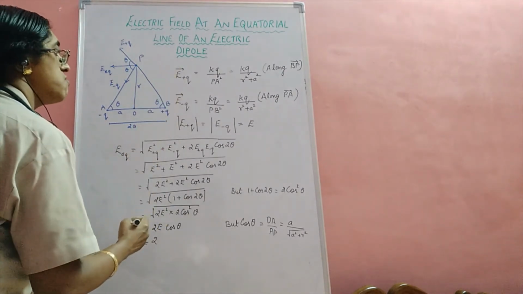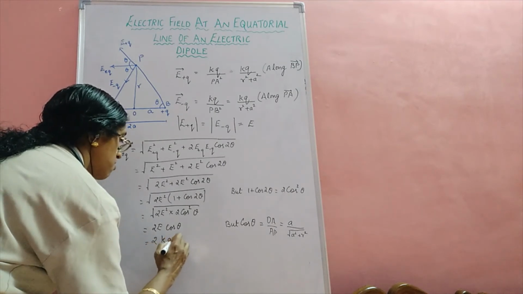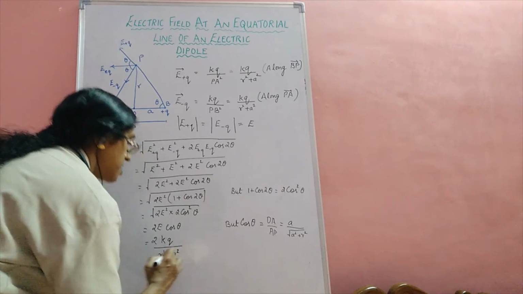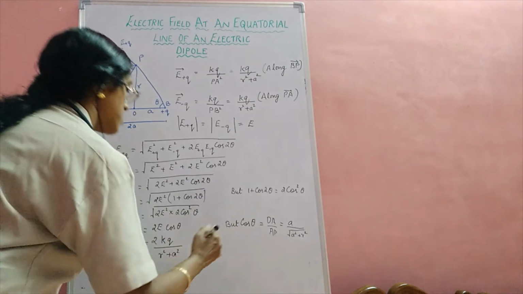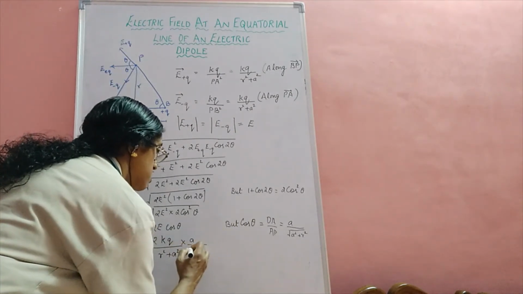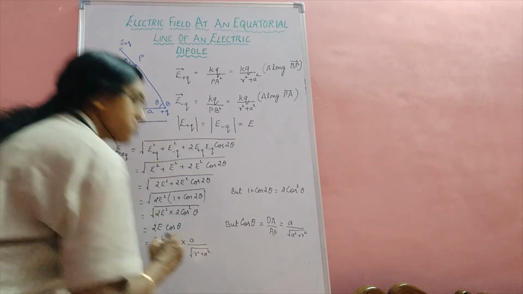It is KQ upon R square plus A square. Then cos theta is A upon under root of R square plus A square.